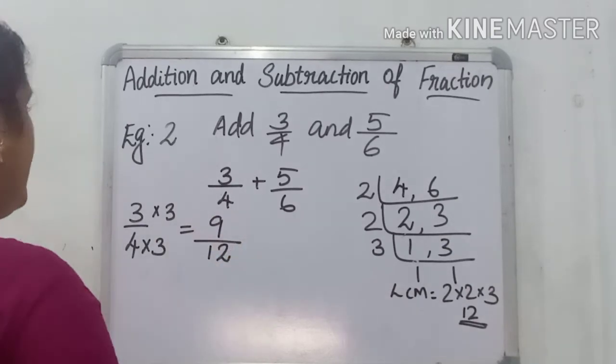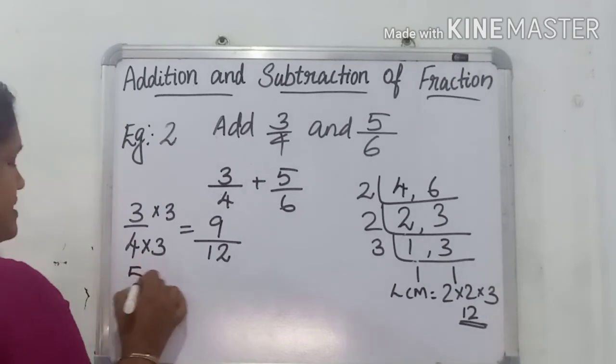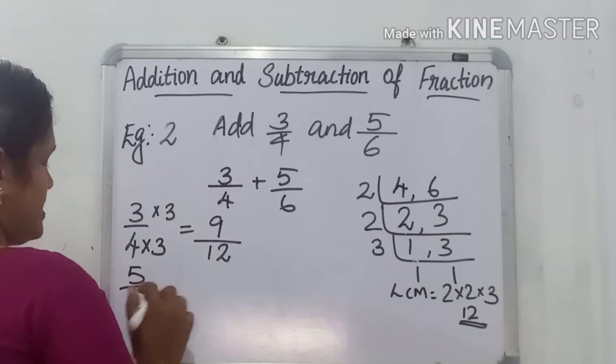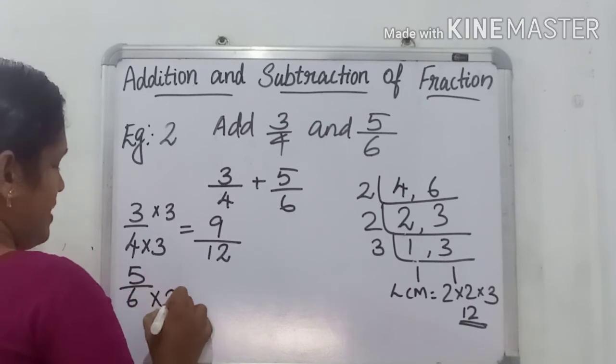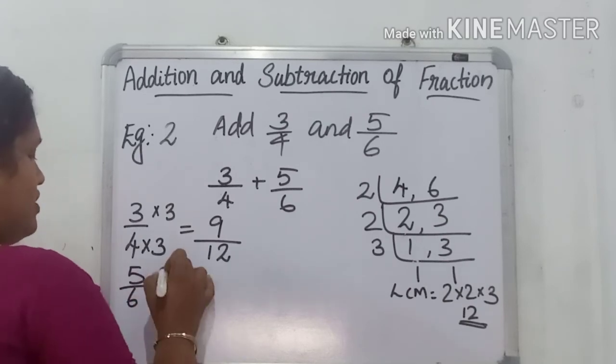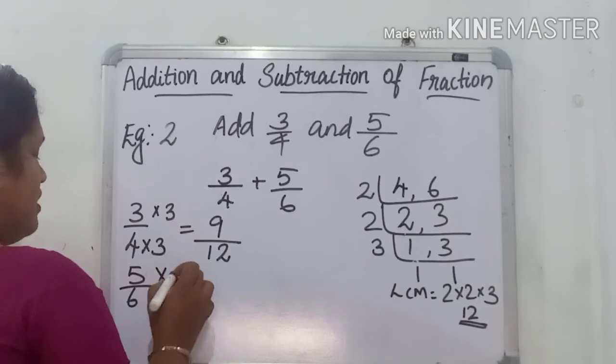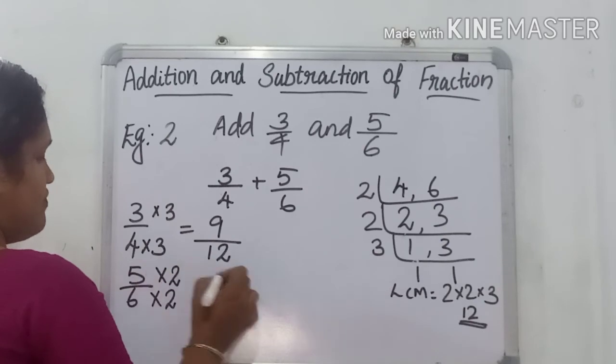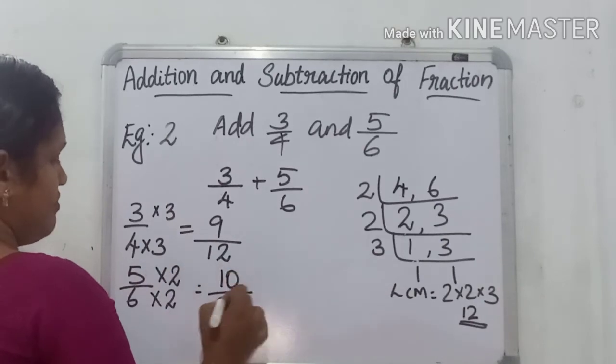Okay. Next, 5 by 6. To convert 6 into 12, we should multiply the denominator by 2. We should multiply the numerator also by 2, which is equals 5 2s are 10, 10 by 12.